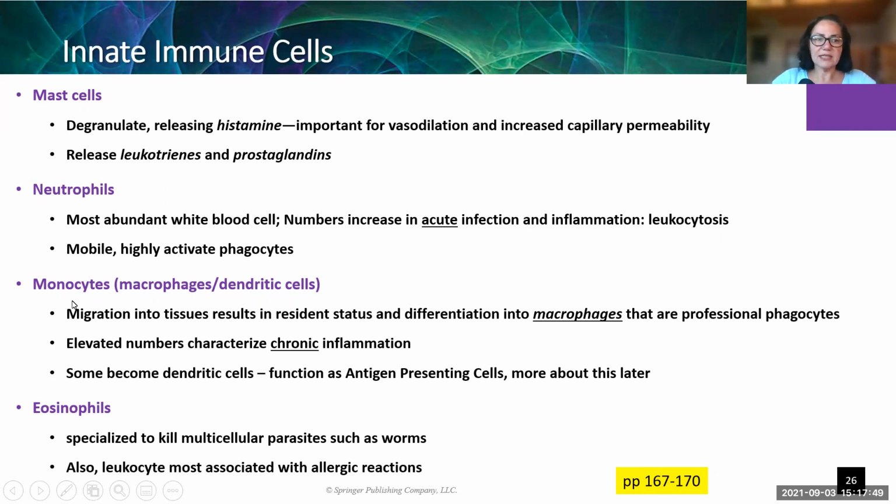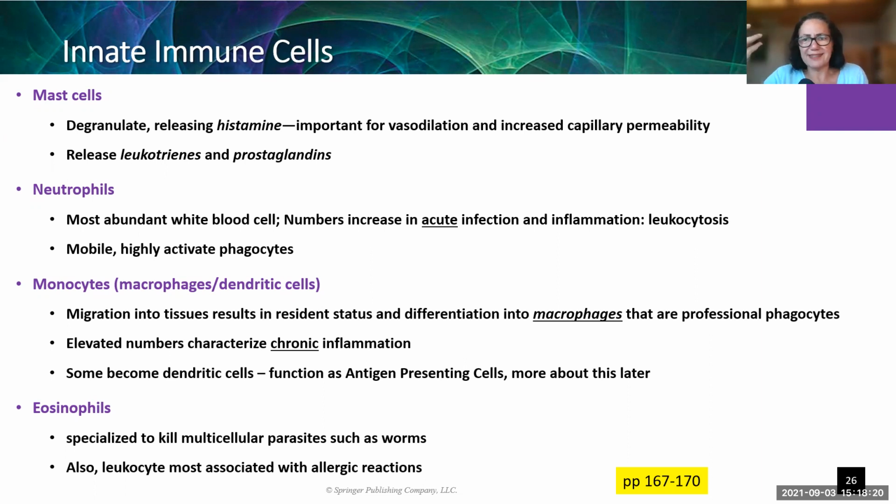Then monocytes, these are also white blood cells. Their name changes because they change themselves when they come out into the tissues. They can mature into macrophages, big eaters. These are huge phagocytic cells. Neutrophils can only consume so much, and macrophages can take in a lot more. Macrophages are much longer lived than neutrophils.